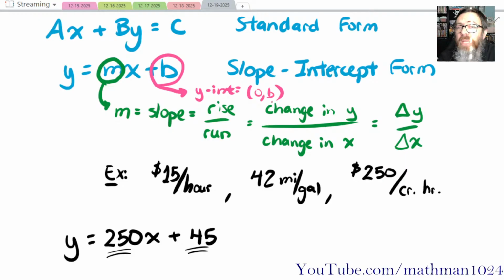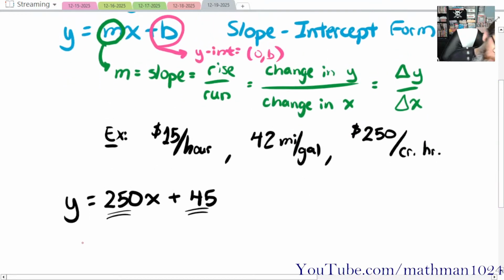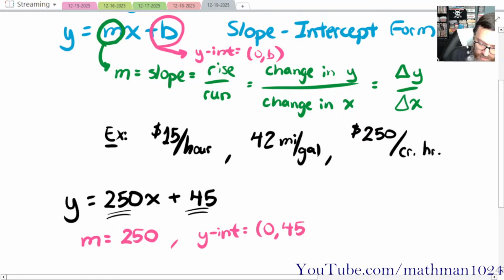And if it's a point on a graph, especially the xy plane, points must be given as an ordered pair, x and then y. So in this example that I have down here, my slope is 250 and my y-intercept is the ordered pair 0, 45.